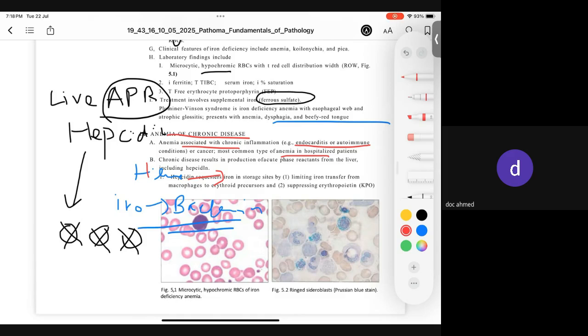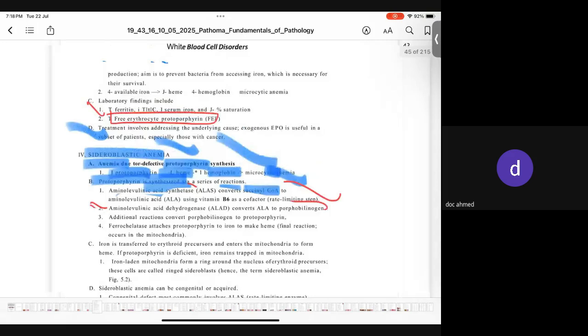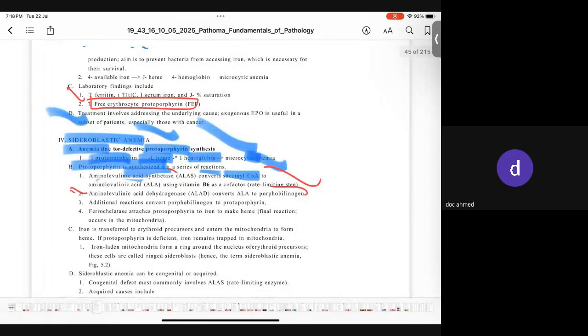It's going to limit the iron coming out from the macrophages, from the ferritin store, right? And as the iron isn't coming out, what would happen as a result? You guys can see it here. The aim of this would be protection, to not allow bacterial overgrowth. But the other side effect is that you can have iron deficiency anemia.